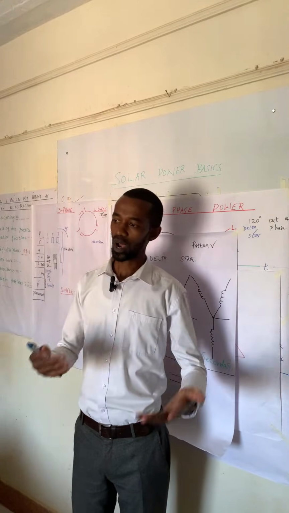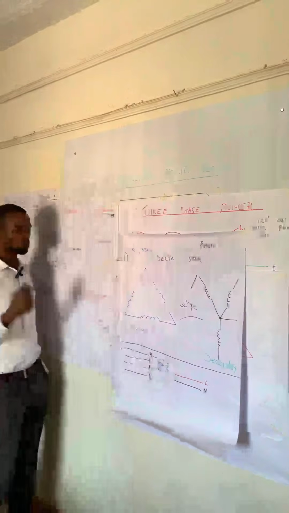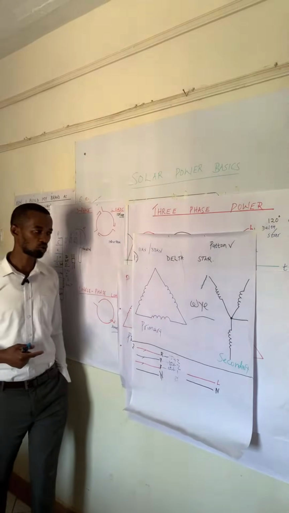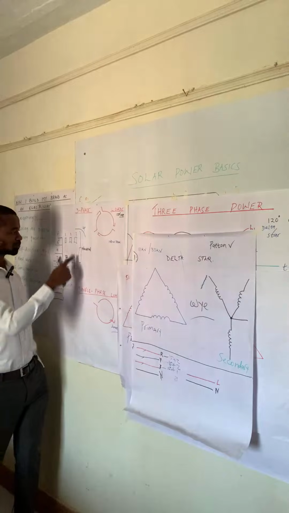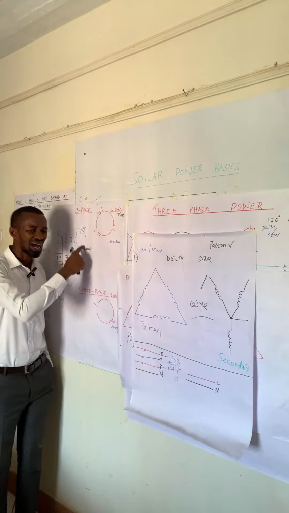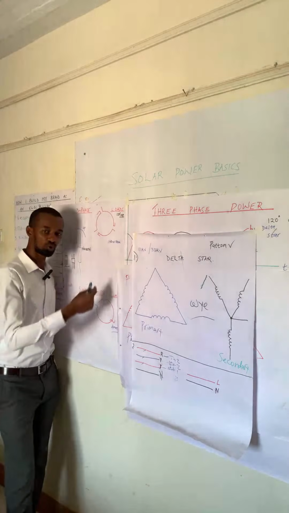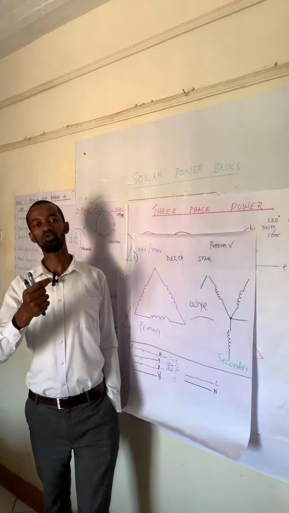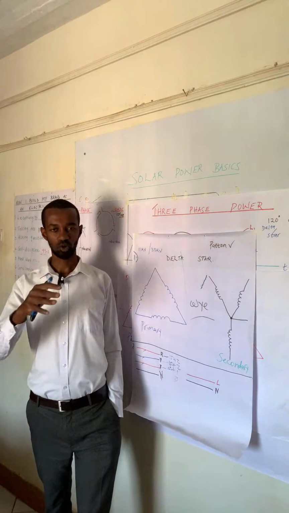So if one day you are called to check why appliances in a certain office are blowing up, burning, or frying, just know that the first suspect is a neutral. Is there a loose neutral somewhere, especially at the distribution board or at common places such as the consumer unit or at the board where there are several connections?